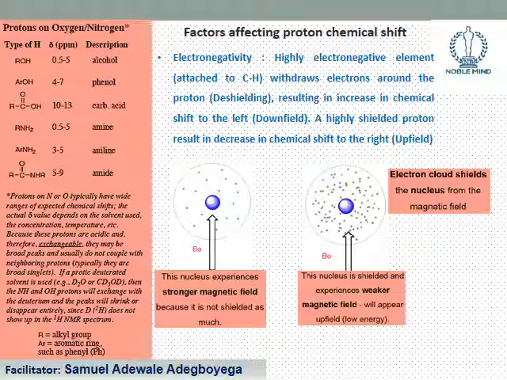Deshielding the proton will result in chemical shift to the left. For you to know the left, you go back to the table, and it's called downfield. When a proton is highly shielded, it results in a decrease in chemical shift to the right, and that is called upfield. It is displayed by the figure that we have there.